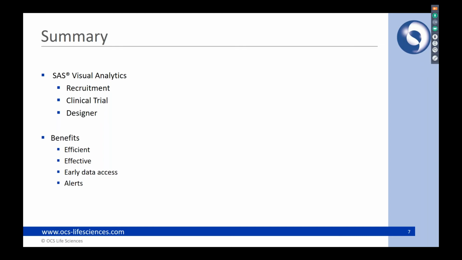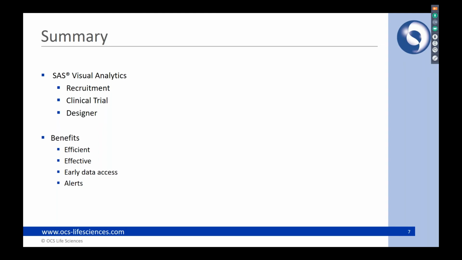All right, thank you. Next question. What is the single biggest business benefit you see in visual analytics? Well, of course, I'm focused on life science. For life science, I really think it's a great tool to monitor your data and have early data access. As I said before, you don't have to already have standardized data.